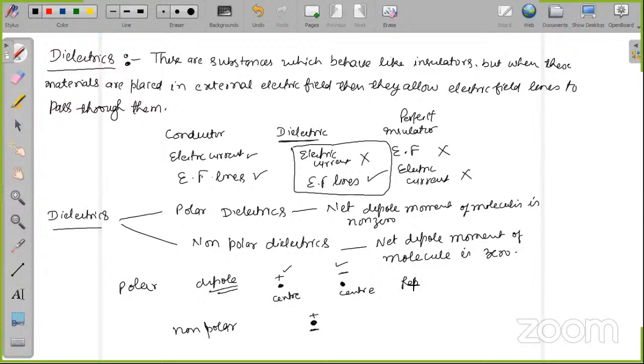So we represent polar molecules with an oval shape, and we put one plus sign and one minus sign. In physics, you know that the dipole moment is directed from the negative to the positive charge center. And a non-polar molecule is represented by a sphere, and you place one point. That same point is the center of positive charge, and that same point is the center of negative charge. Let me move to the next page.